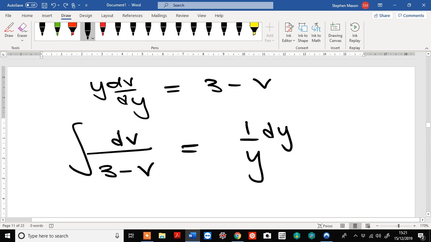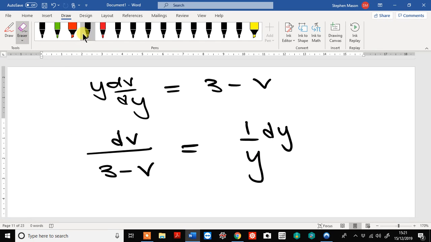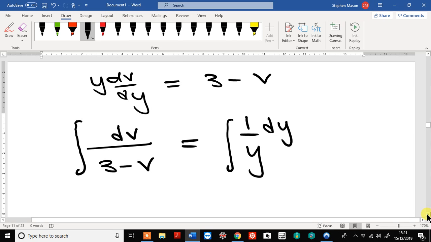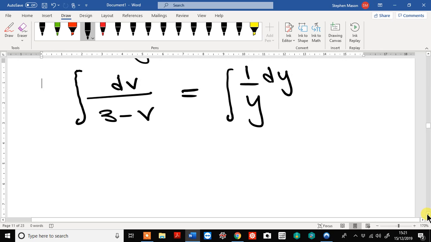I'm going to make my integral signs look a little bit more realistic if I can. There we are. Right, so we've got the integral of dv over 3 minus v is equal to the integral of 1 over y dy.